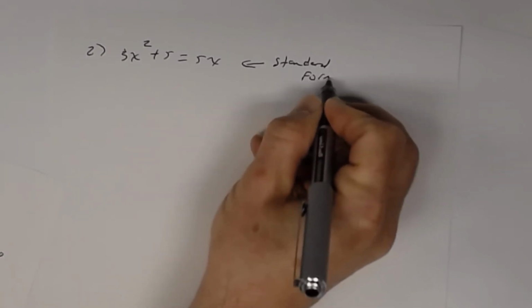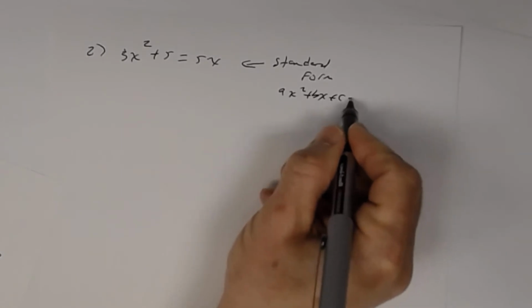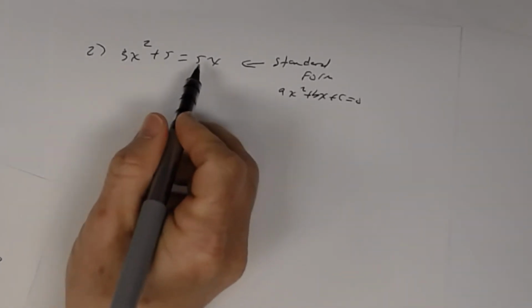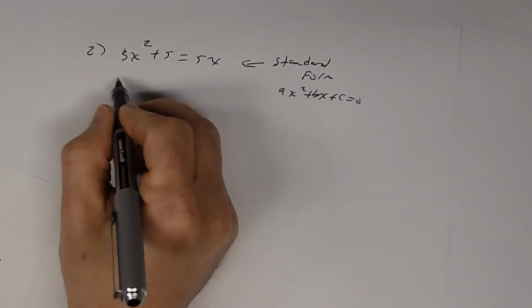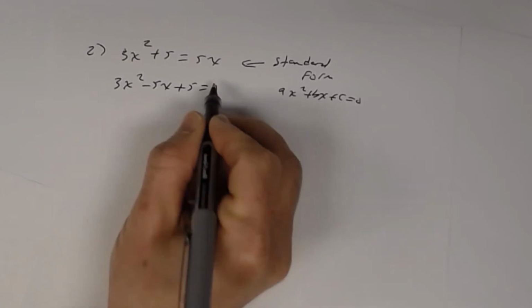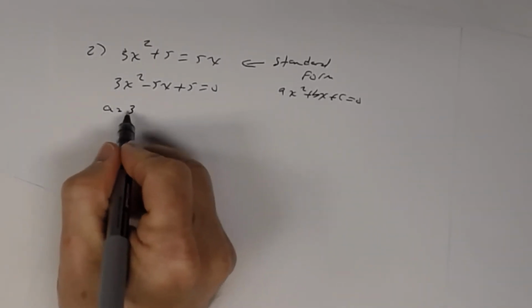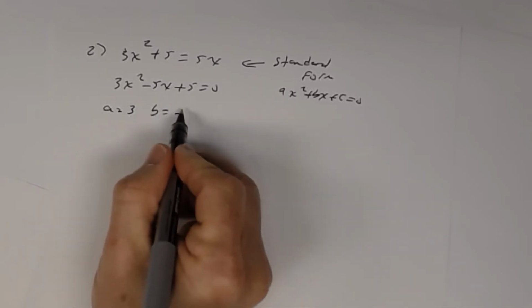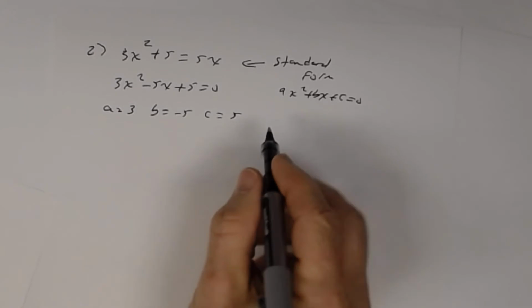Standard form is where you have ax squared plus bx plus c equals 0. So you have to bring this 5x over and put it in descending order. So this becomes 3x squared minus 5x plus 5 equals 0. Now a is 3, b is -5, and c, your constant, is 5. And we're going to plug it back into the formula.